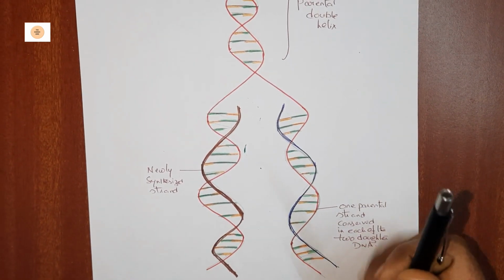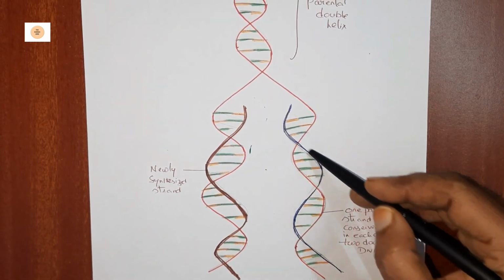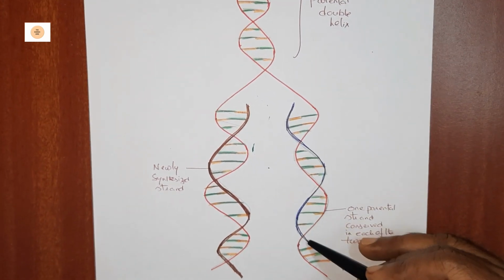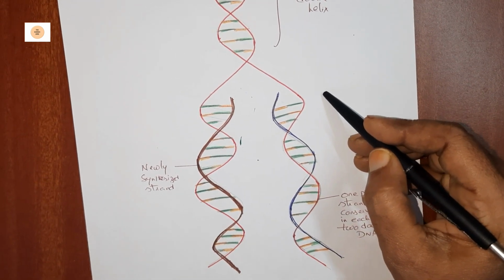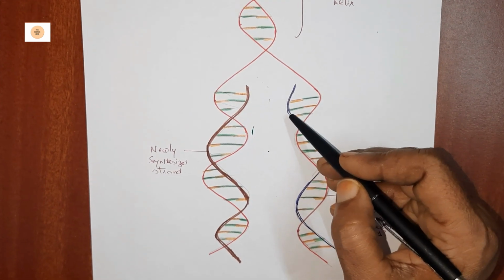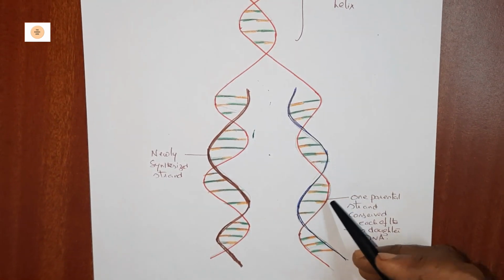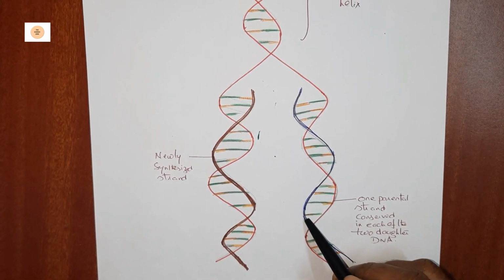These two strands are from the parent DNA. The complementary strands are synthesized using the old strands as templates. So the parent strands are otherwise called template strands, and these are the complementary strands which are synthesized newly. Each progeny DNA has one old and one new strand of DNA.